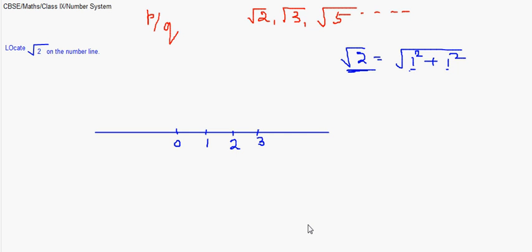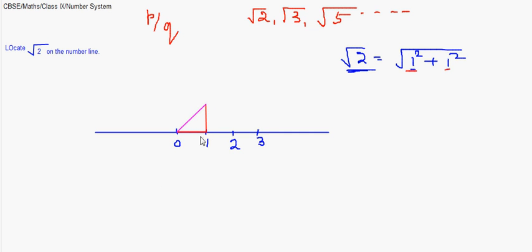The first one we need to do, let me use some other color. This is 1, so I draw this to be 1. This is 1 more, so I go up by 1 unit. And the hypotenuse becomes root 2. So this one is the root 2 representation, but we need to draw it.